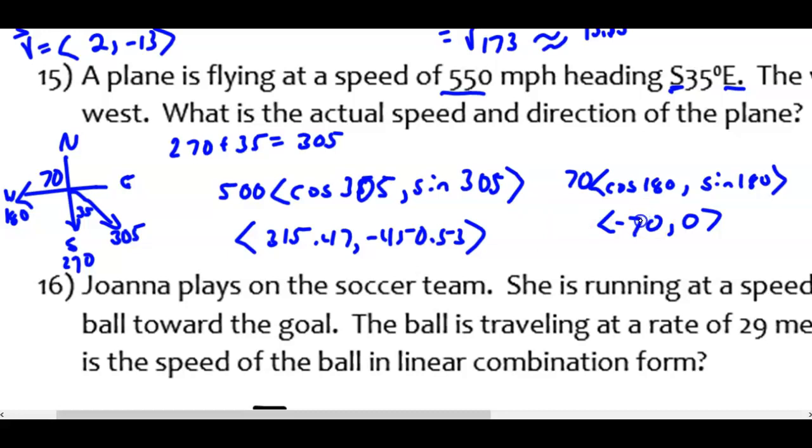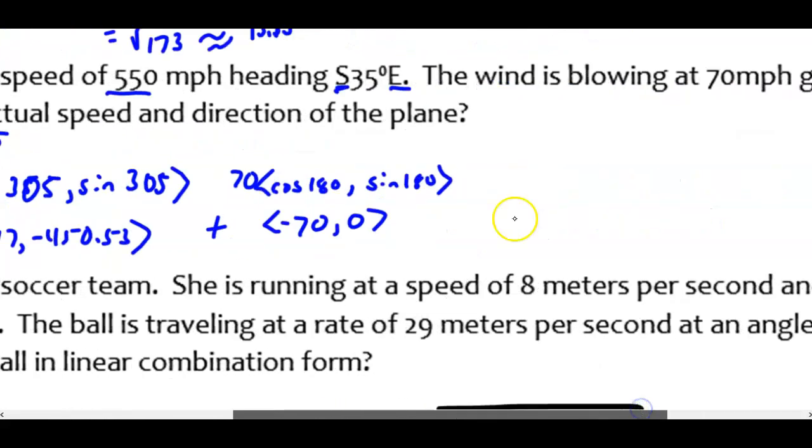Now what do we do with these two resultants right here? We have to add them. When we add them, we get 245.47, negative 450.53. This is our resultant.